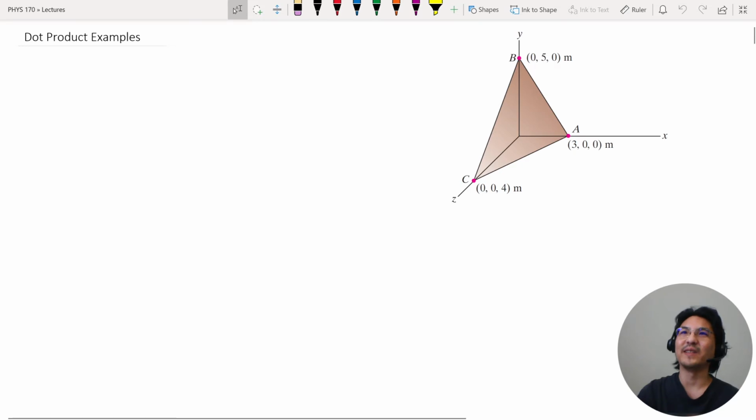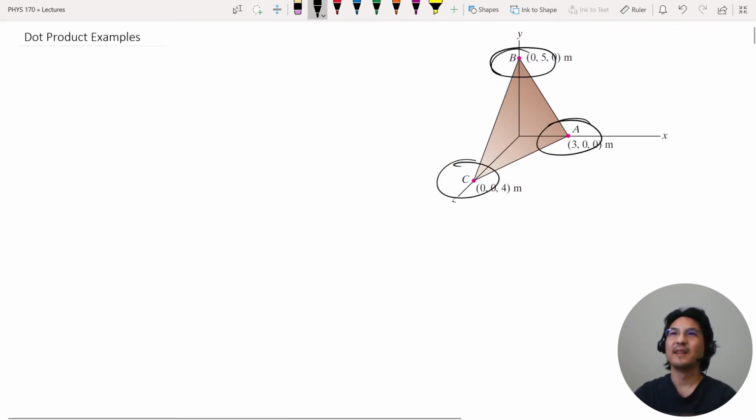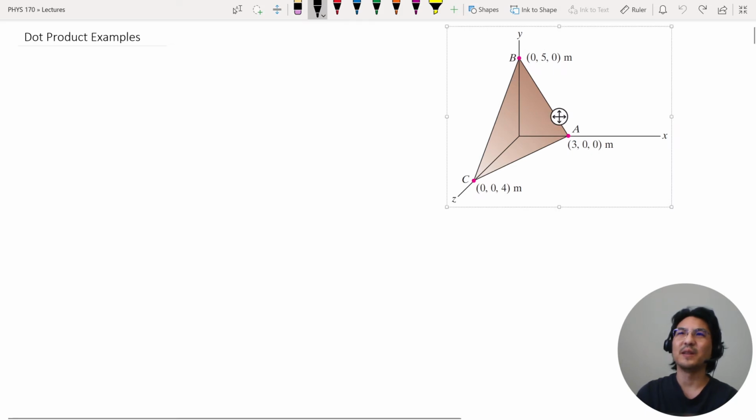And let's say these are the mounting points for the bracket, and say we need to know the angle here. So we need this angle, we'll call this theta.